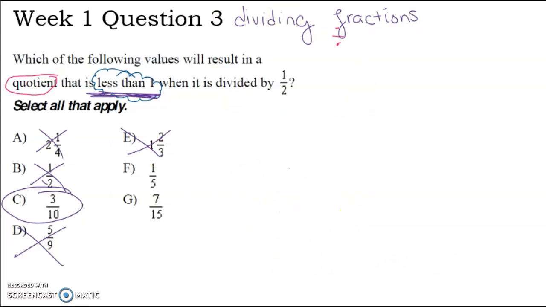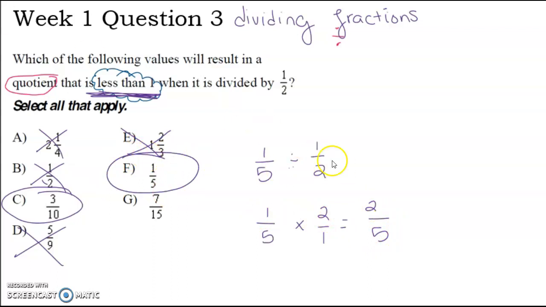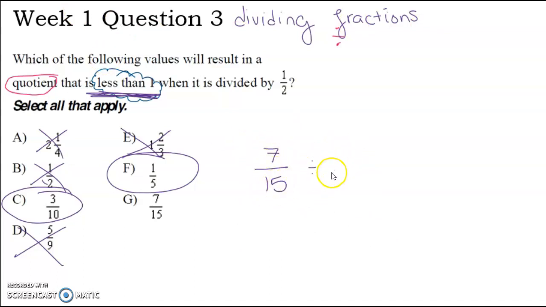Okay. Last two, we can do this. 1/5 divided by 1/2. Keep, change, flip. 2 over 5. That is under 1. Perfect. Look at us. And the last one right before this video ends is 7 over 15 divided by 1/2.